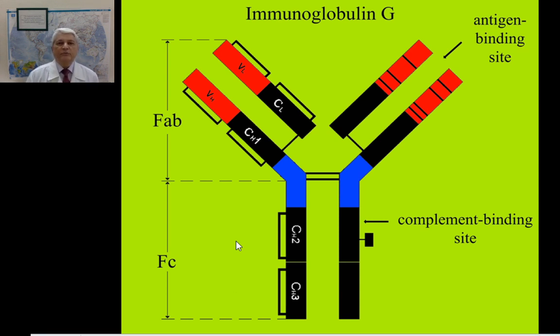For example, when the immunoglobulin molecule interacts with an antigen, for example, with molecules on the surface of bacteria, after this, proteins of the complement system, beginning from the first component, interact with the CH2 domain, and then we have activation of the complement system, and they produce enzymes and also hydrophobic structures which can destroy, for example, the membrane of the bacteria or the membrane of the cell which attacks the human organism.